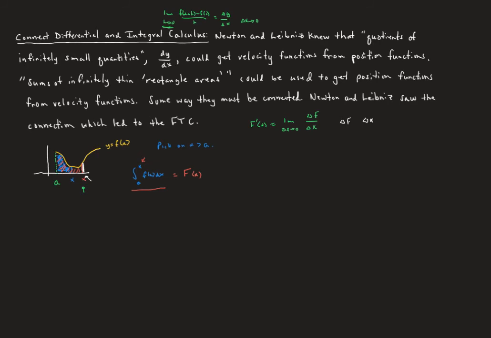And so we could say then that the delta f, the area of that strip, the area of that really, really thin rectangle, is going to be the height, f of x, times the width, which is delta x.